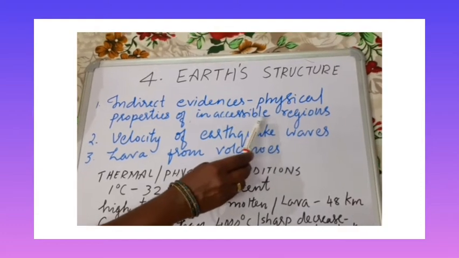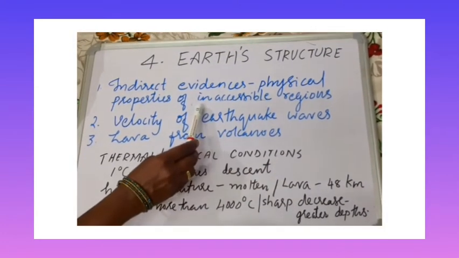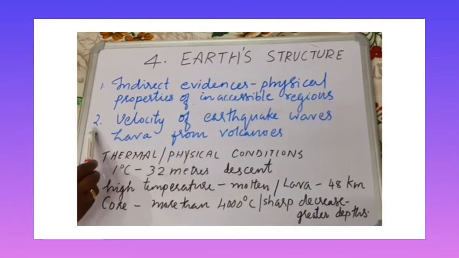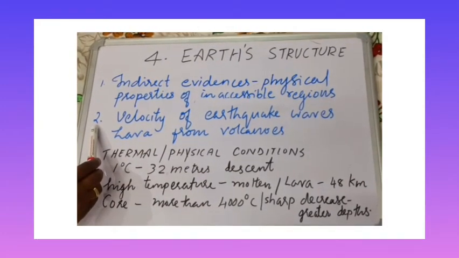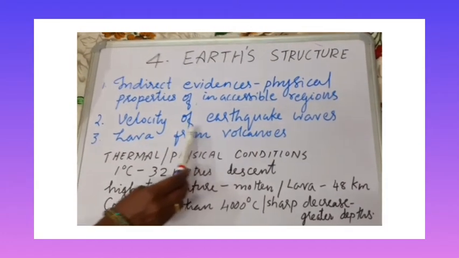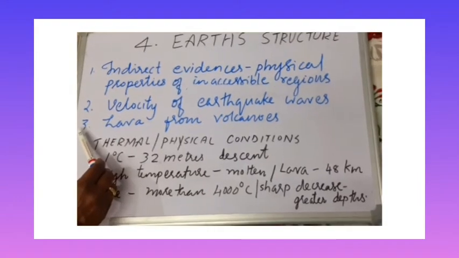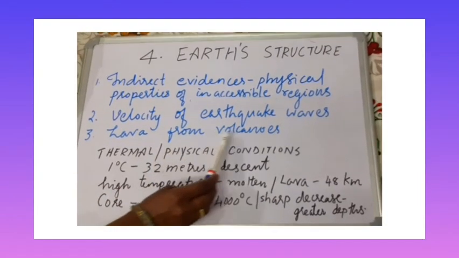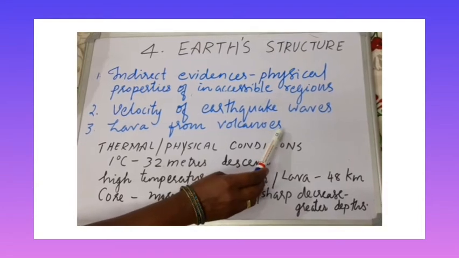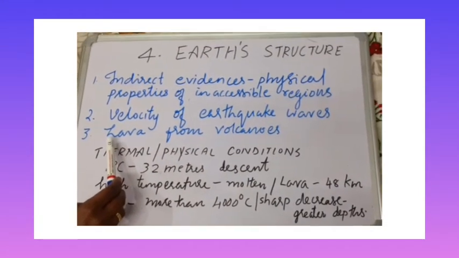Inaccessible means the region where we cannot reach. Secondly, the velocity of earthquake waves helps us to know the interior of the Earth. Lava emitted from volcanoes also helps us to know the structure of the Earth.